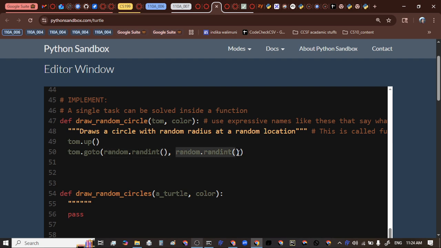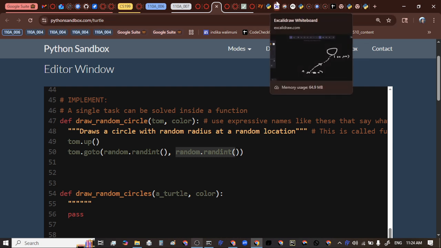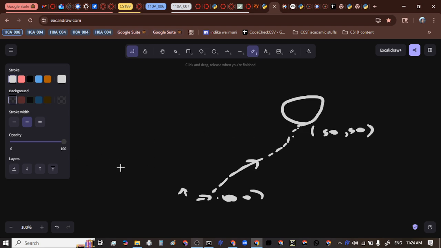Now we need some domain knowledge over here. I think in the turtle it's actually negative 300 to positive 300, both x and y. And we can find out specific parameters. That means our circle can be within there, right? And if let's say our maximum value for radius is like 100, so basically less than 100, right?